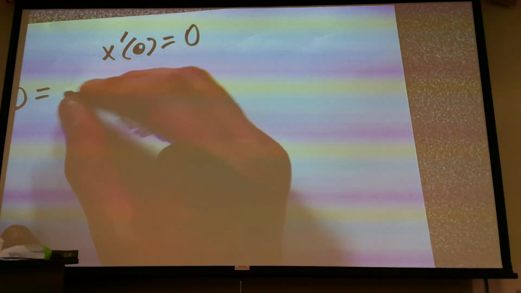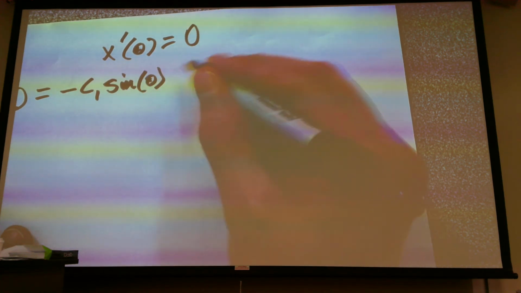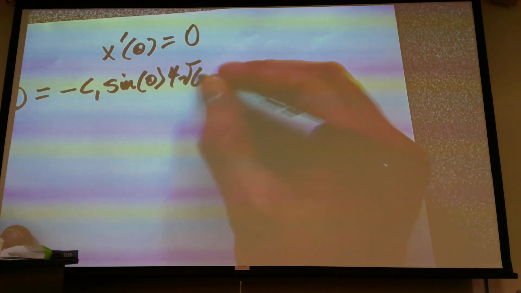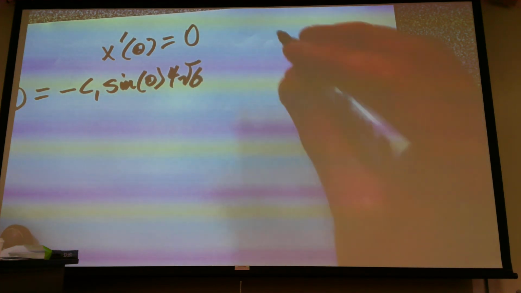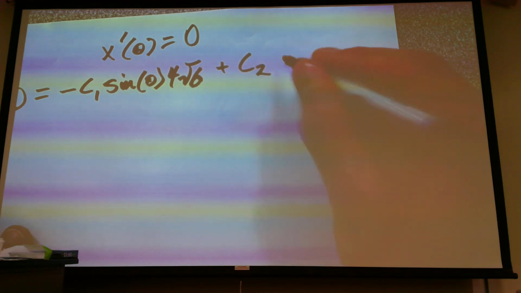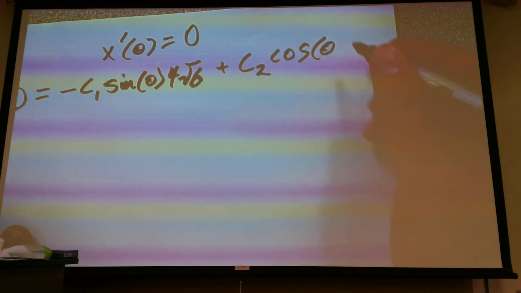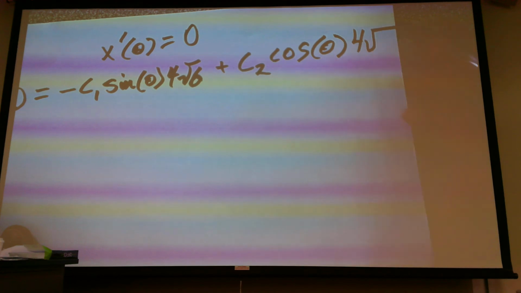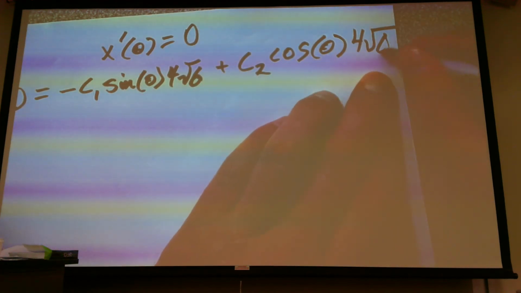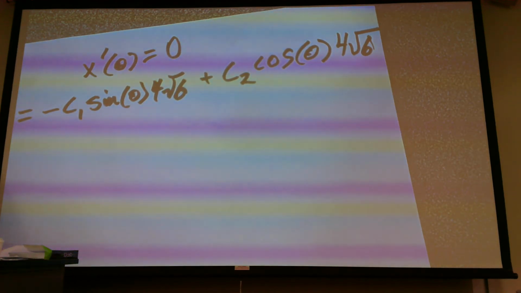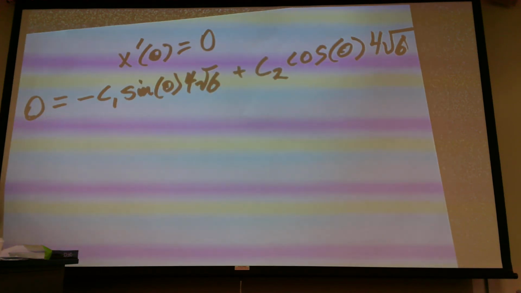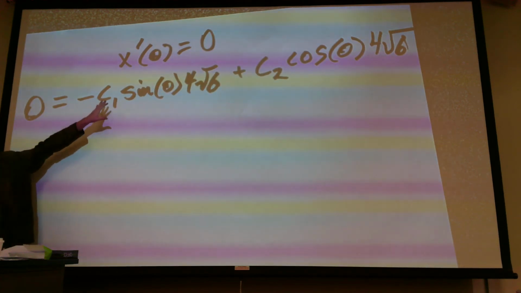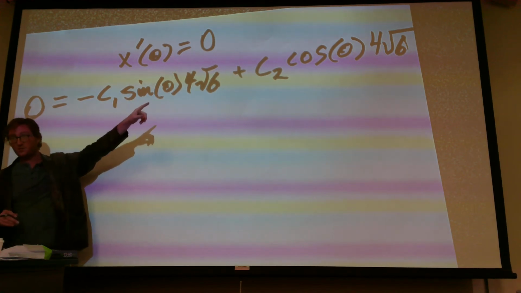So that's going to give me that 0 is going to equal, the derivative of cosine is negative sine, so negative C1 sine of 0 times 4 root 6, and the derivative of sine is cosine, plus C2 cosine of 0 times 4 root 6. So sine of 0 is just 0, but cosine of 0 is 1.